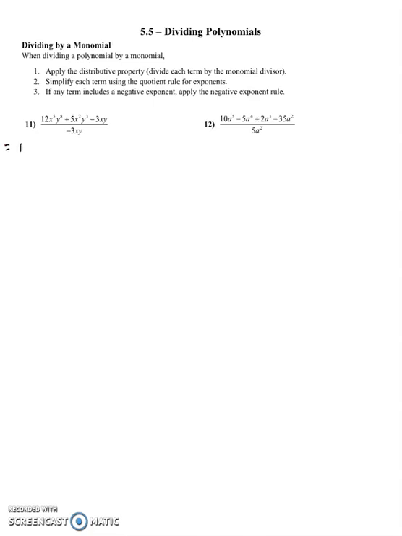So that would leave us with 12x to the 5th, y to the 8th, over a negative 3xy, plus 5x squared y cubed, which is the next term in the numerator, divided by the denominator again, negative 3xy, minus 3xy over a negative 3xy.